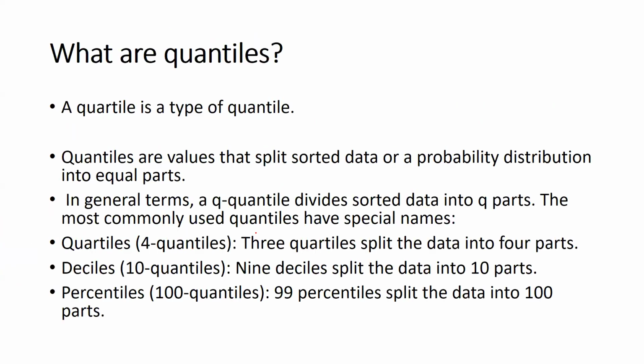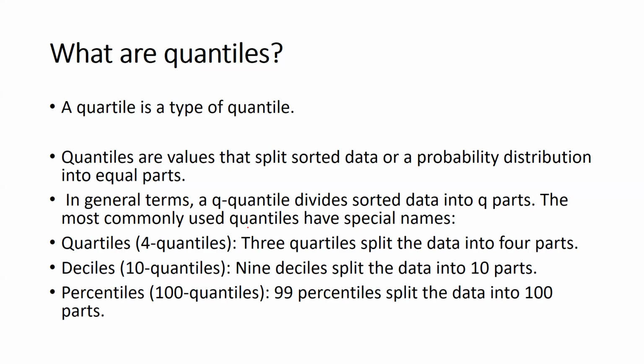Correct. So now, what is a quantile? Quartile is a type of quantile that we measured just now. Quantiles are the values that split sorted data or a probability distribution into equal parts. So in general terms, Q quantile divides sorted data into Q parts.